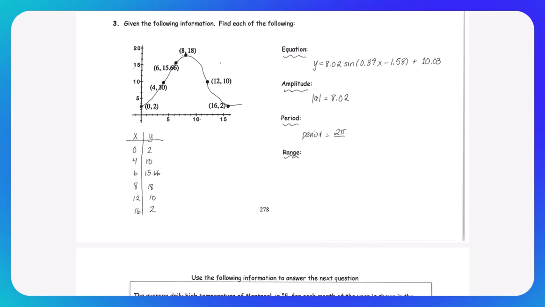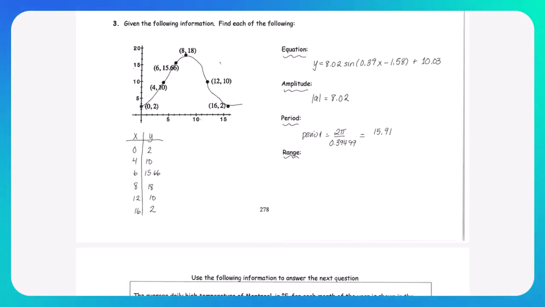Now, in the B value, we're going to use the unrounded value of 0.39497. And when we put that in the calculator, it's going to give us 15.91 rounded to 2 decimal places.